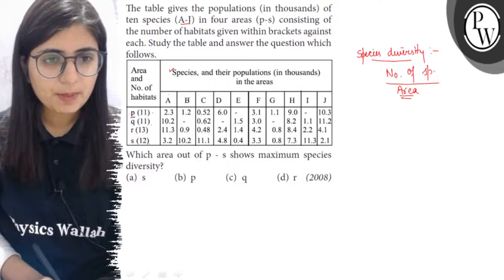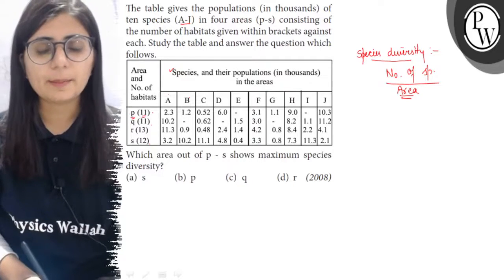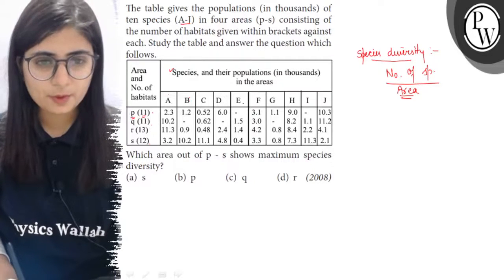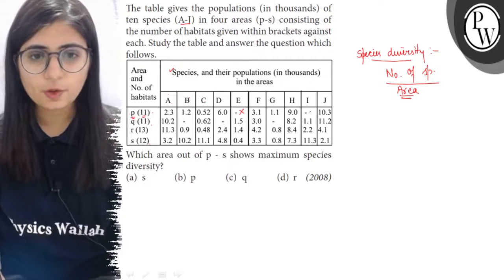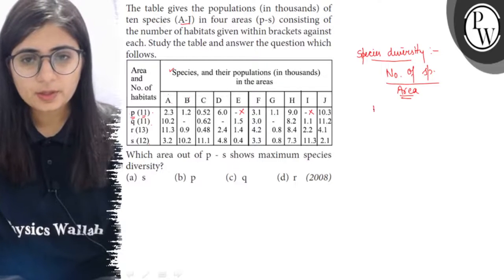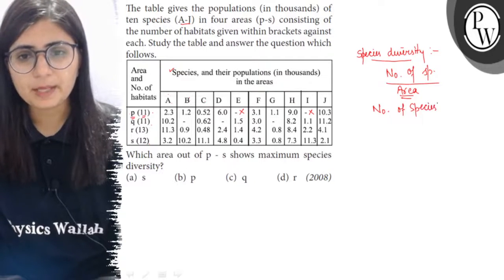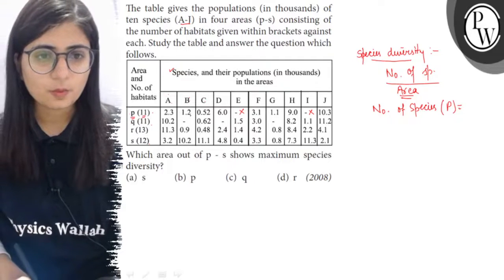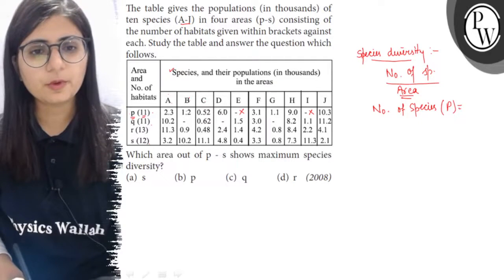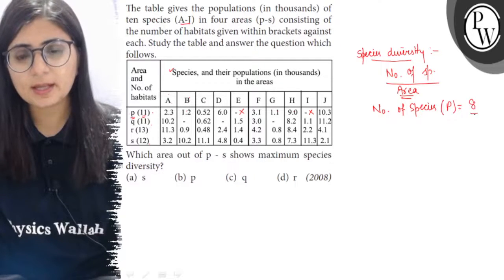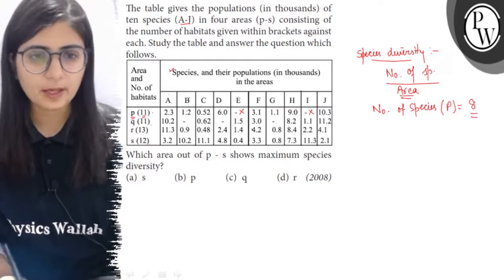So in area P, there are 11 habitats. There are no members of E, no members of I. So the number of species found in area P is 1, 2, 3, 4, 5, 6, 7 and 8. So the number of species in area P is equal to 8.